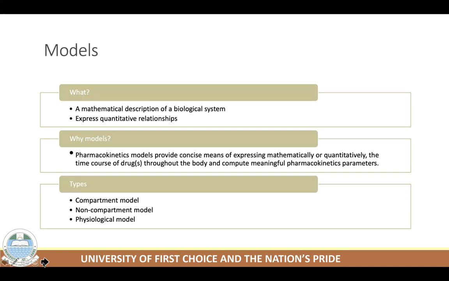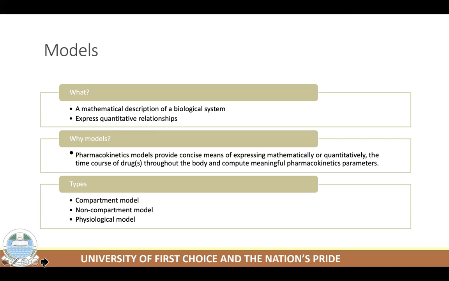In reality, of course, we know that the body is made of thousands of parts, but for the basis of explanation, or for the basis of modeling and predicting how drugs are changed or transformed in the body, we try to visualize the body in terms of compartments.